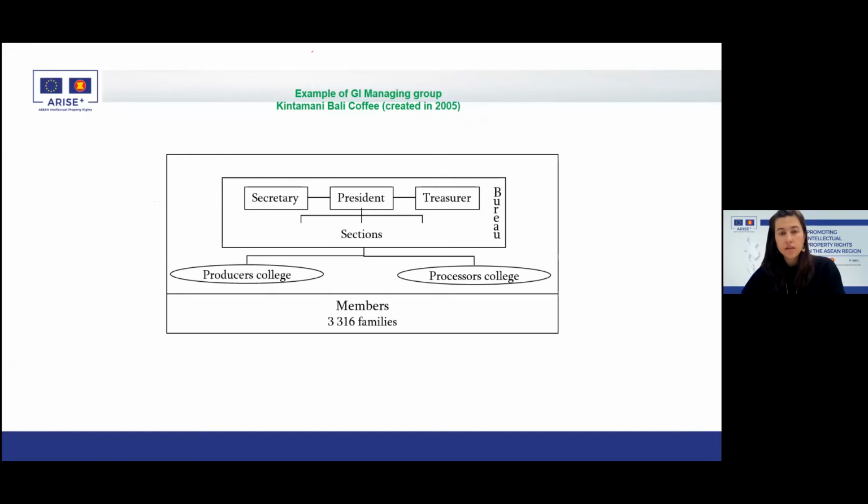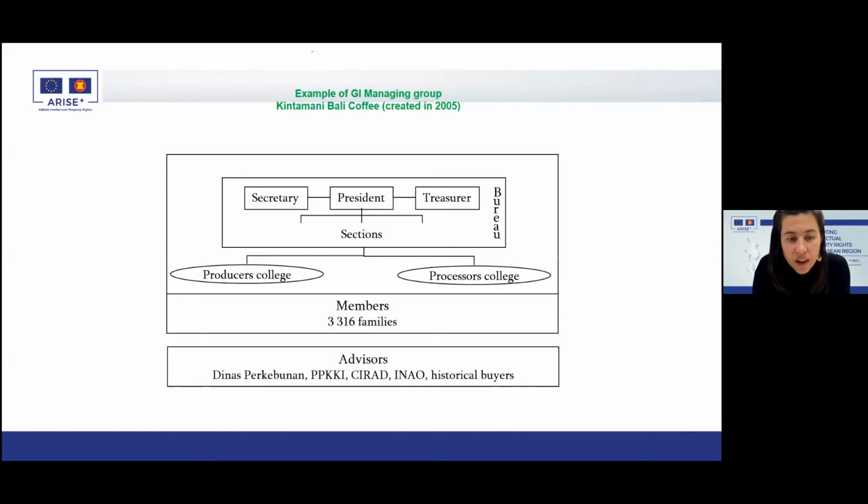During the meetings, the stakeholders are divided into a producers college and a processors college. Then you have at the top the secretary, president, and treasurer. You also have sections that are not detailed here, but they are activity sections like traceability, quality control, promotion, and so on.